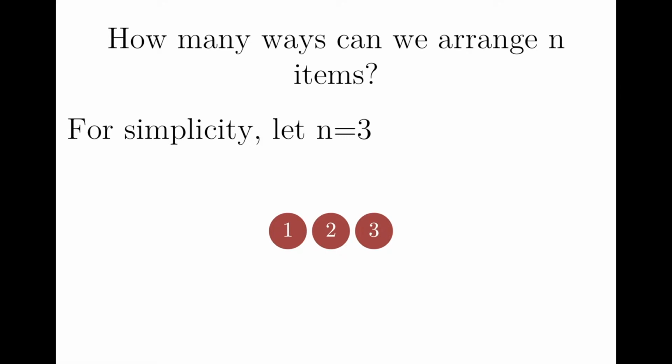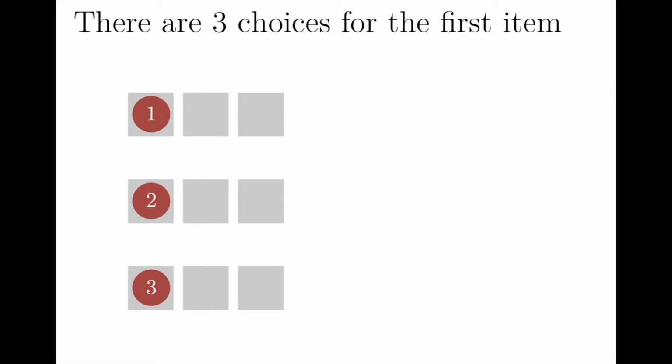We start with the basic question: how many ways can we arrange n different items? If we simply take n equals 3, as shown with these three numbered items below, we can start our ordering with any of the individual items. If we choose 1, 2, or 3, then the next item that we choose could be any of the other two items that we haven't chosen yet.